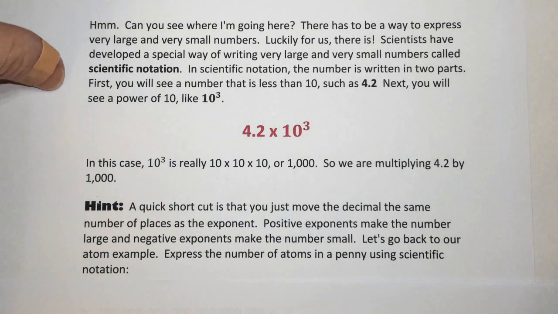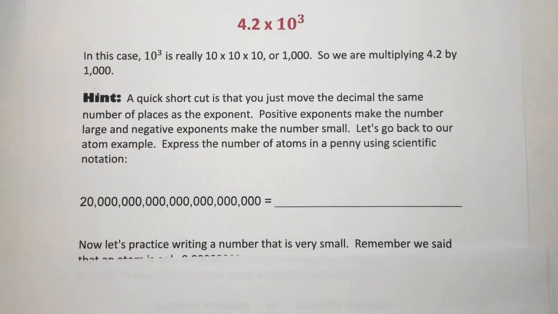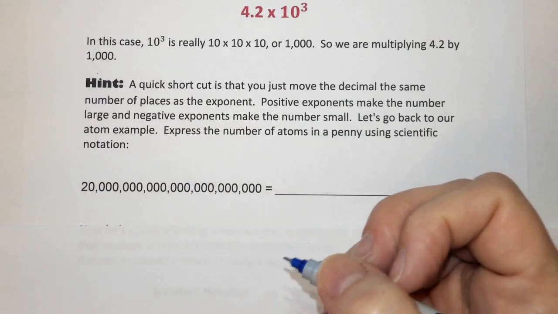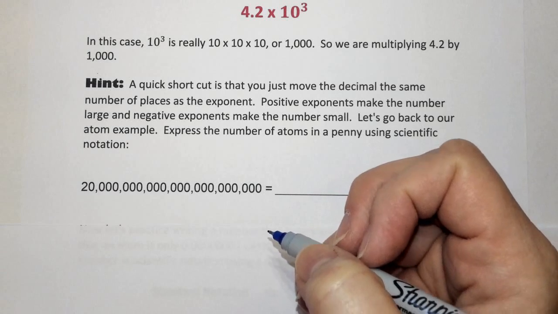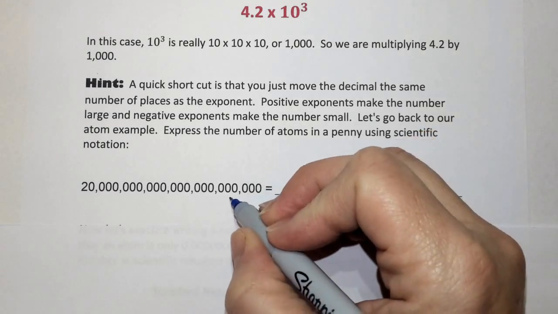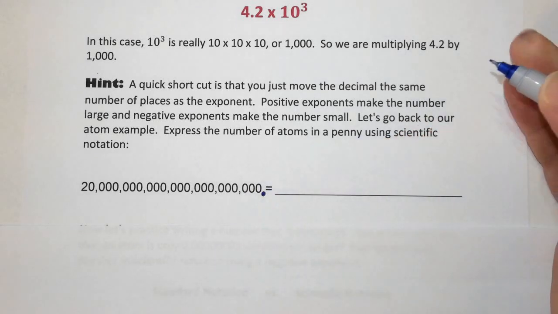Now let's go back then to the atom example. Express the number of atoms in a penny using scientific notation. So we need to start from a decimal, and this is the key for a lot of our students. They don't see a decimal and then they get confused. A decimal is at the end of a whole number here. So that is where our original decimal is.